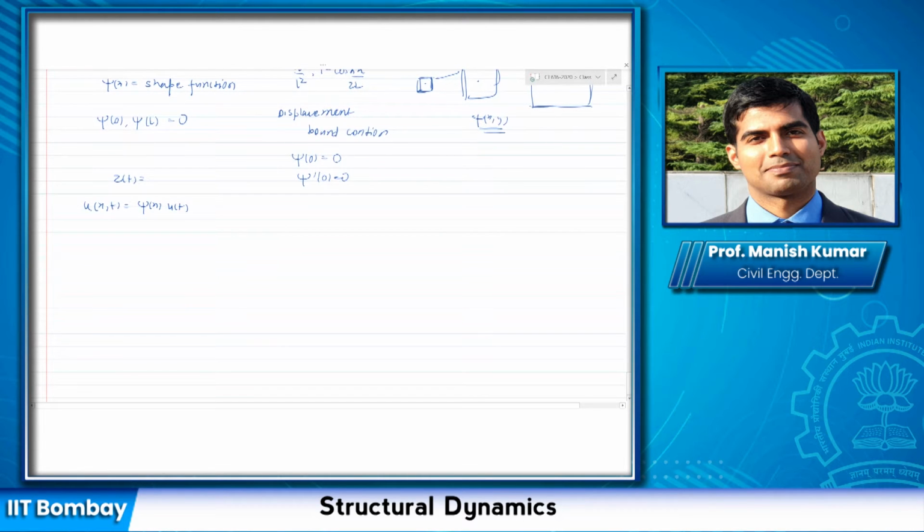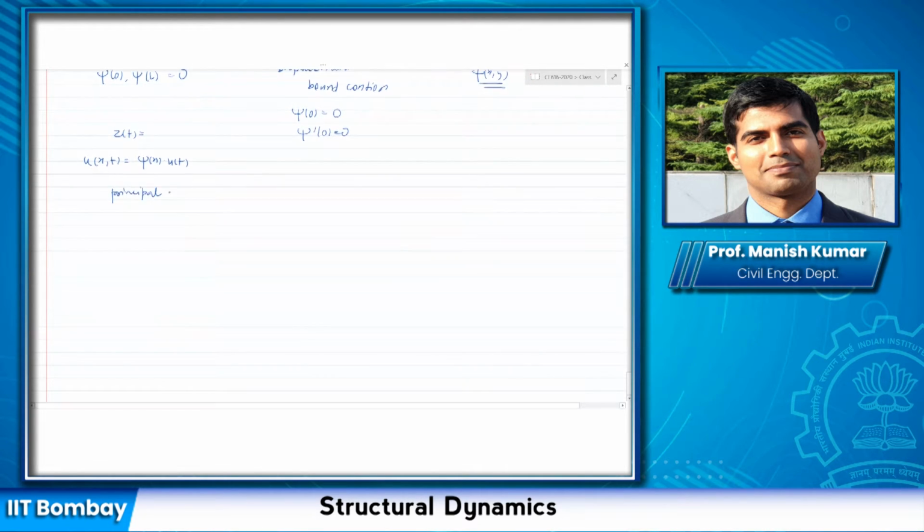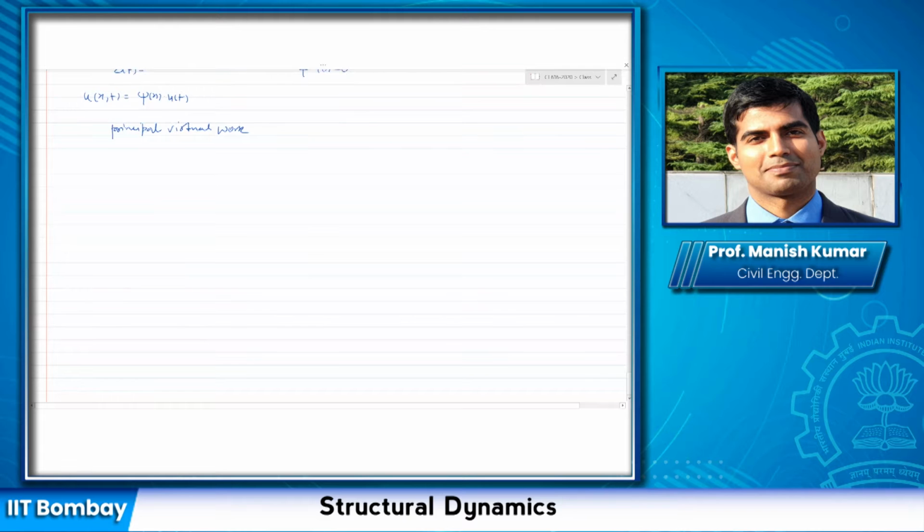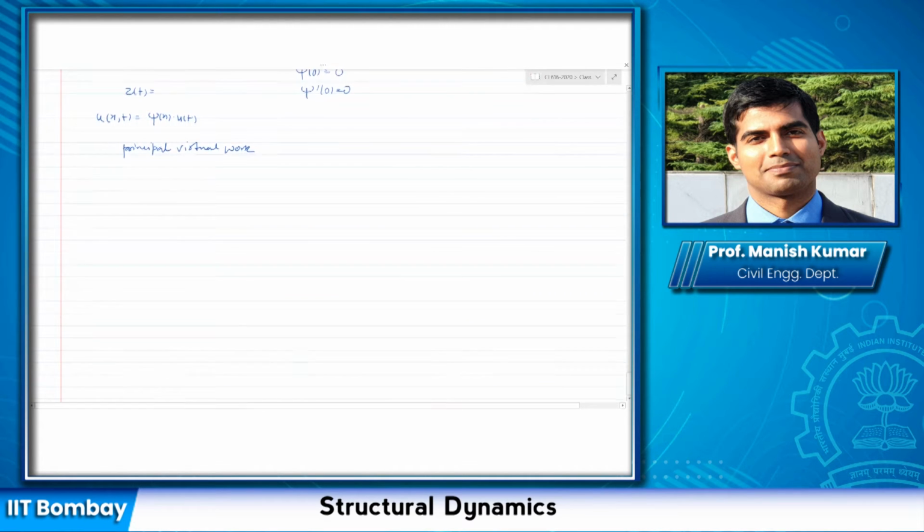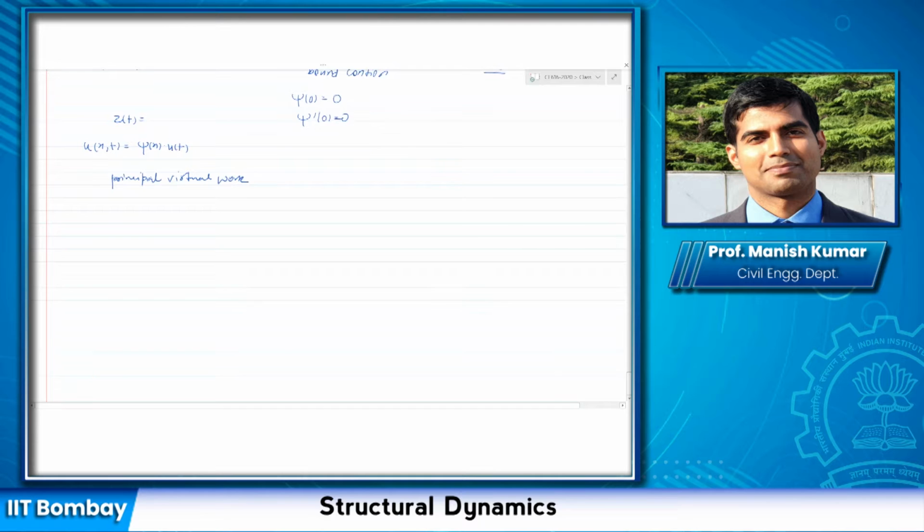And we tried to derive the equation of motion for the continuous system using the principle of virtual work, where we said that external work done is equal to internal work done. Using that, we found that the equation of motion comes out in this form: m equivalent times z double dot t plus k equivalent times z(t) is equal to a parameter called L equivalent times ug(t).